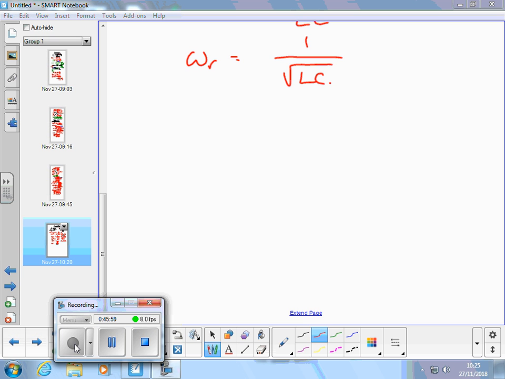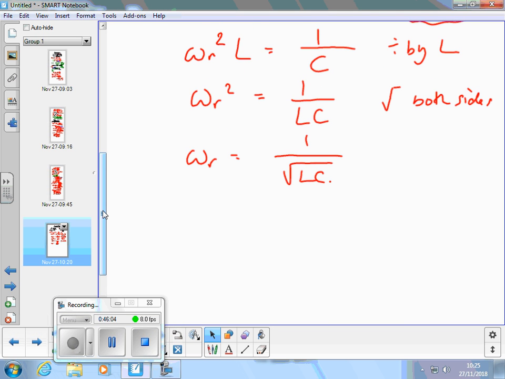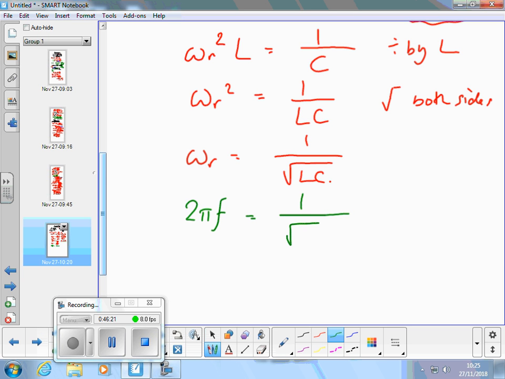If we want it in frequency in hertz form, we'd write omega resonance as 2 pi f is equal to 1 over root LC, and then we need to divide by 2 pi to get that over the other side.